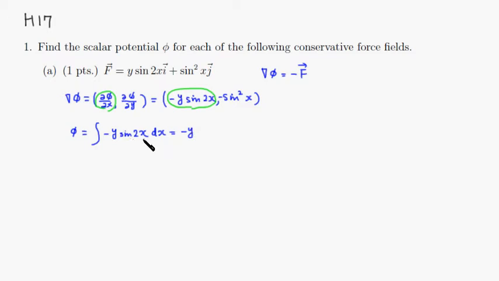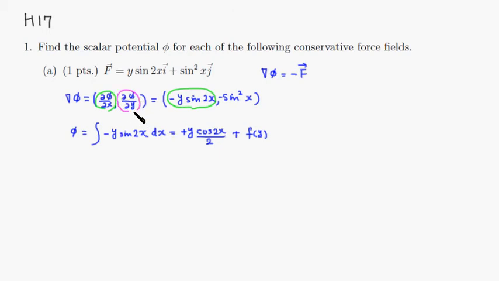The antiderivative of sine of 2x is going to be negative, so I'm going to turn it into positive cosine of 2x over 2. So we have that, and then you might have some plus some constant, but actually it could be a function of y, so I'm going to call it some function f of y. That much we can get.